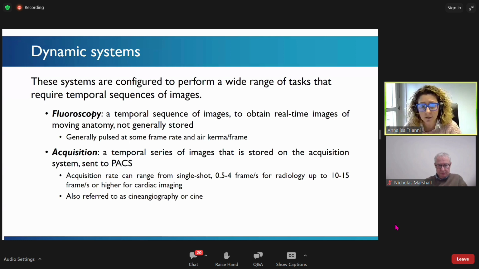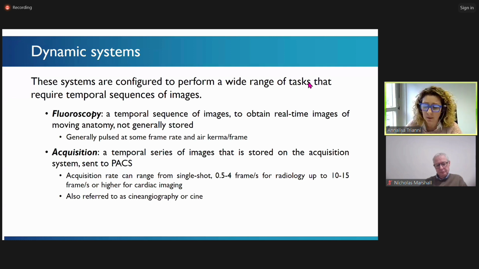Acquisition, on the other side, which normally we call cine angiography or simply cine, is a modality that we can define as high quality, in which images are acquired and stored in packs.